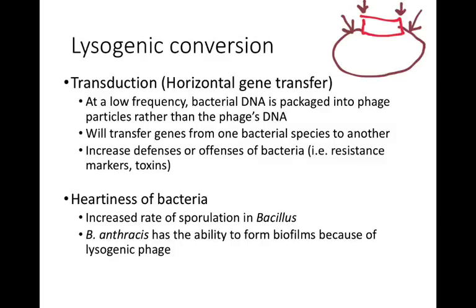There are cases in which we find that temperate phage can include factors that improve the hardiness of bacteria. For example, Bacillus has an improved rate of sporulation with the presence of particular temperate bacteriophages. And Bacillus anthracis has the ability to form biofilms because of lysogenic phage that are now stably part of the bacterial genome.